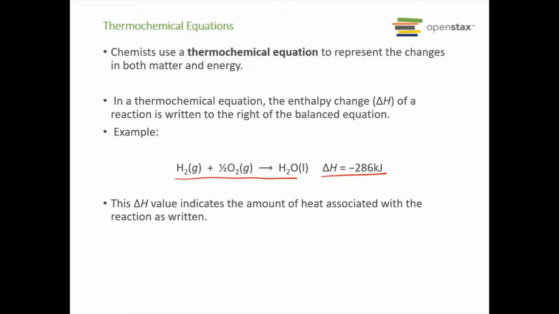That means heat is released. That means this is exothermic. And this also is telling us that 1 mole of hydrogen gas reacts with half a mole of oxygen to form 1 mole of water. And in doing so, negative 286 kilojoules of energy are released.